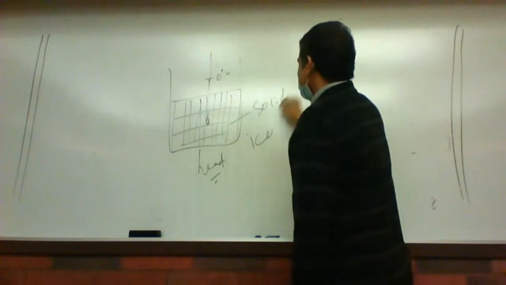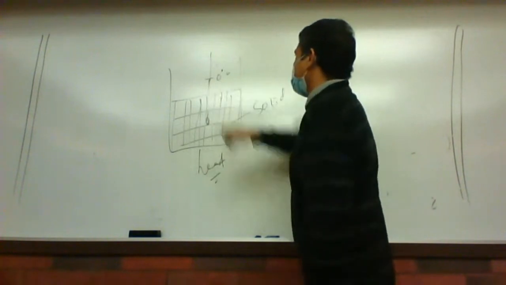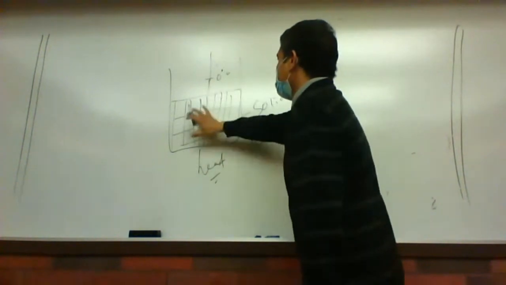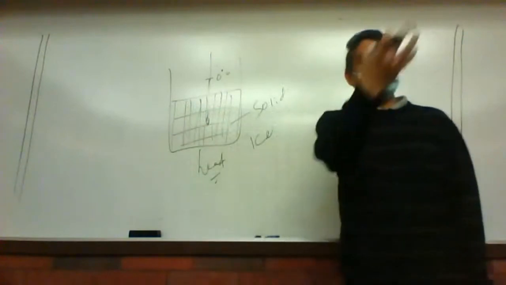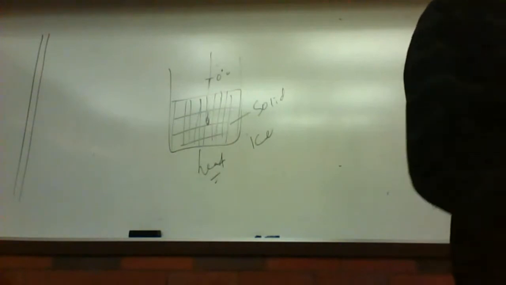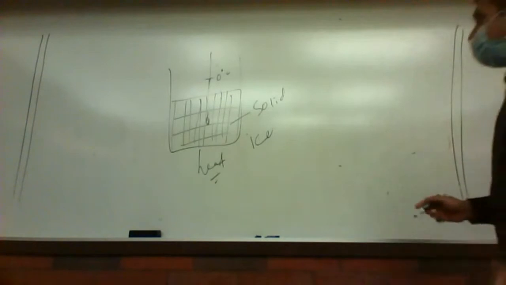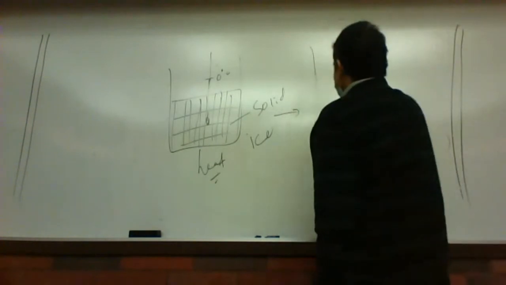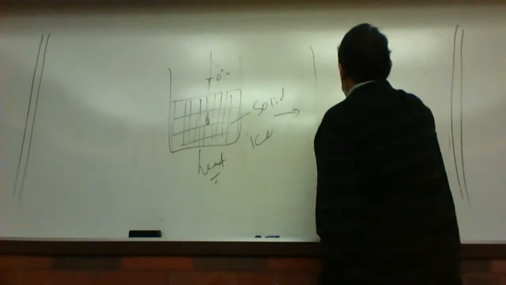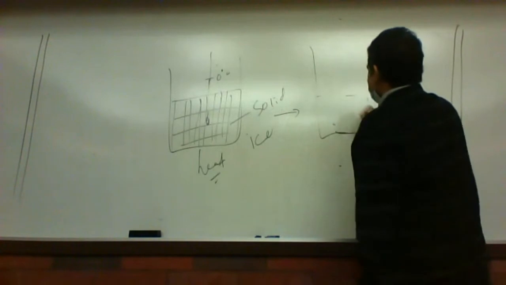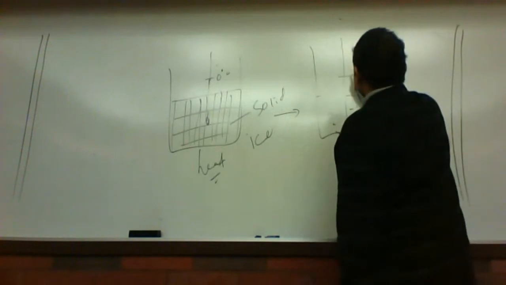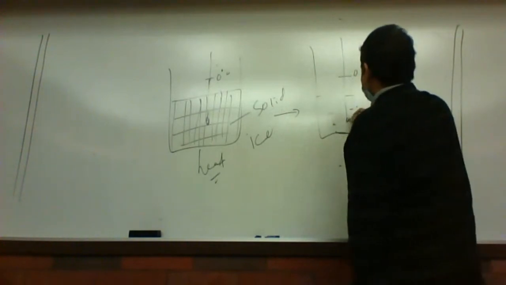If I start to heat it, the temperature never goes above 0 until this solid becomes all liquid. So the heat absorbed by the ice is used to melt the ice. It is not used to increase the temperature. Now it becomes all liquid, still at 0 degrees centigrade.